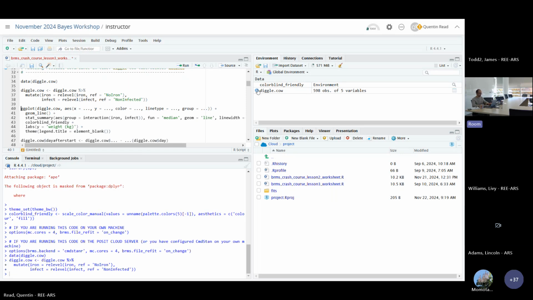And you can see, I'll just show in the environment tab the different columns. There's only 5: the animal ID, iron. Basically, it's like a bunch of 1s and 2s in there. 1 is the reference level, no iron, and 2 means iron. Same thing with infect. This is their weight, I assume in kilograms, and the day on which it was measured, calendar day.